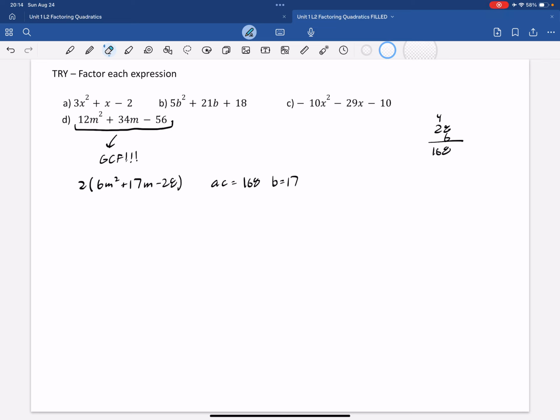I'm going to start with 2 and 84, not close. 3 and let's see, what is that, guys? That's going to be 5, 56, 4, and 42. No. 6 and 28.